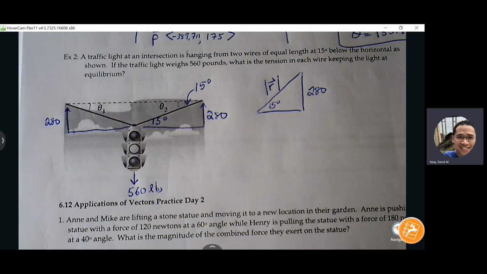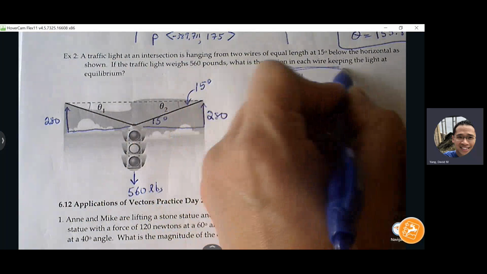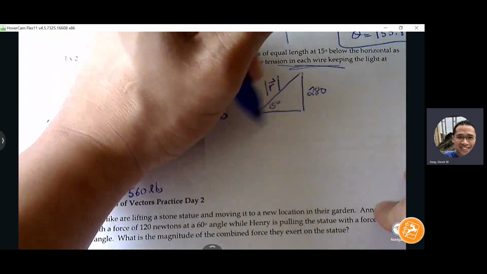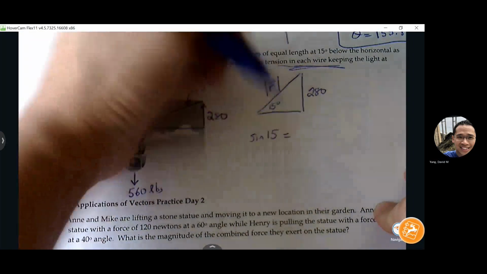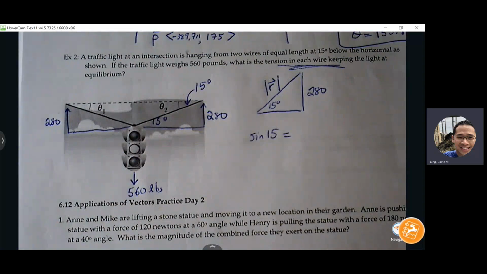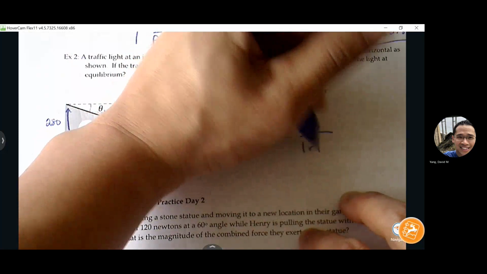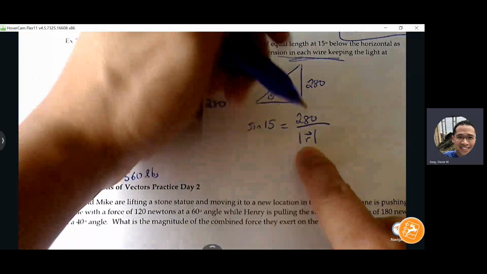So I can use trig, right? What trig function can I use to help get to the hypotenuse? That's sine. And it's only asking for the tension in each wire, so I just focus on one triangle, and that's all I need. So sine of theta, which is 15 degrees, equals opposite over hypotenuse. Cross multiply, solve for my magnitude.